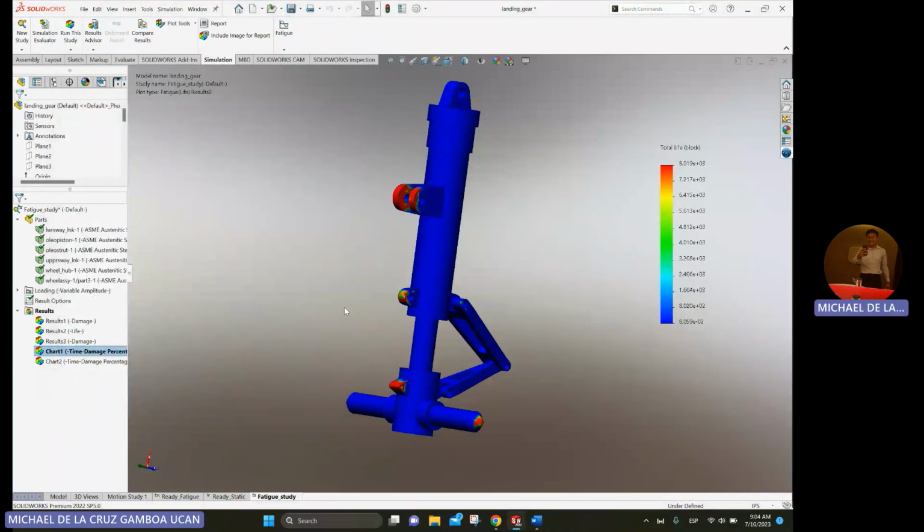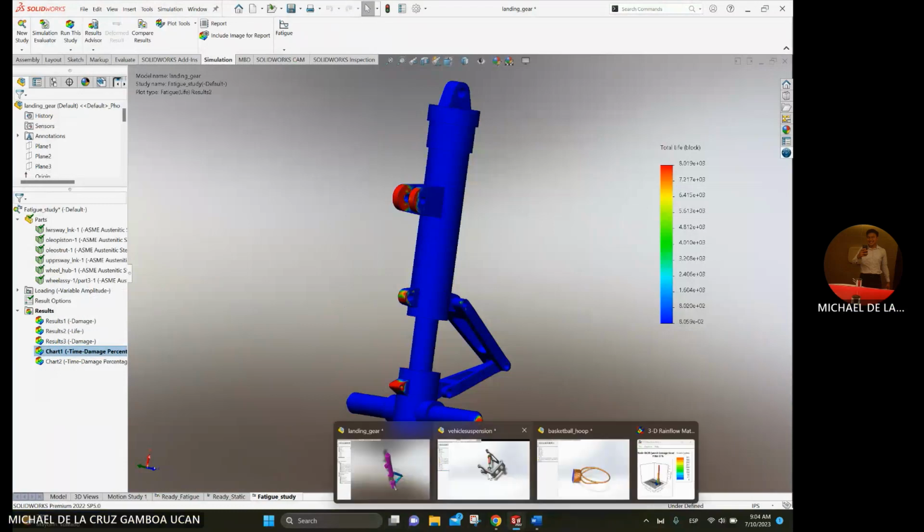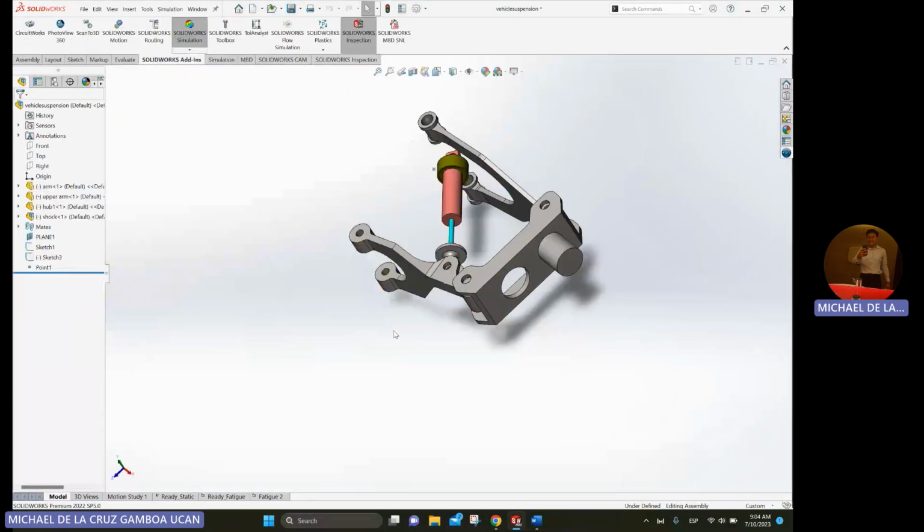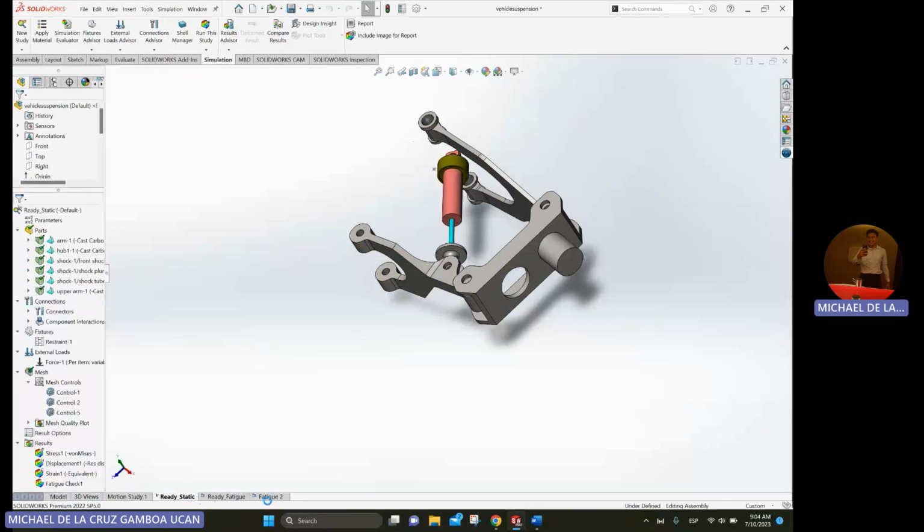In the second tutorial that was made is a basket of the suspension of a vehicle. It's here. Okay. A total of 3 studies are carried out for this exercise. We can see in this part.